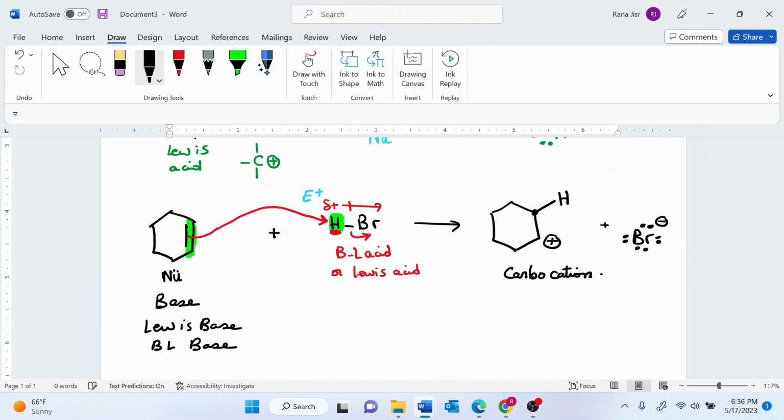We're going to be talking about carbocations in the next chapter, in chapter 3. But there are different types of carbocations. I believe in the problem sets, I've talked about primary, secondary, and tertiary carbocations, but we will explain those in detail in chapter 3.